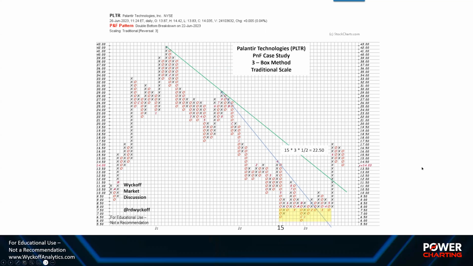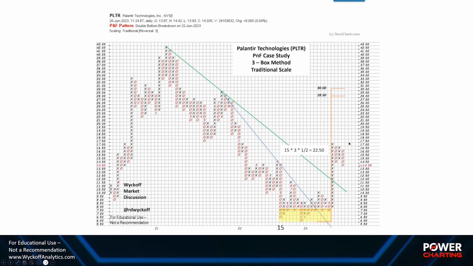15 columns, 3-box reversal method times a half. That's the scaling here. Gives us a count of 22.5. And we count from the low and from the count line, and that gives us a count objective of 28.5 to 30. That is still a substantially higher level from where we are.